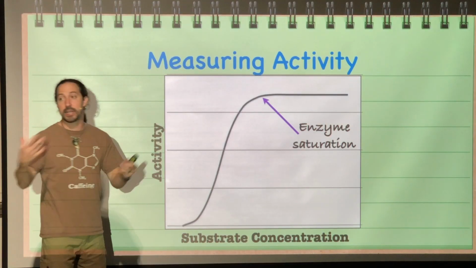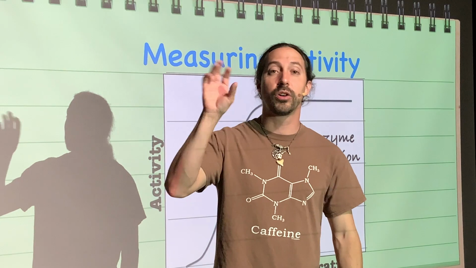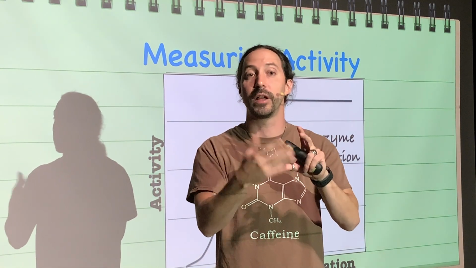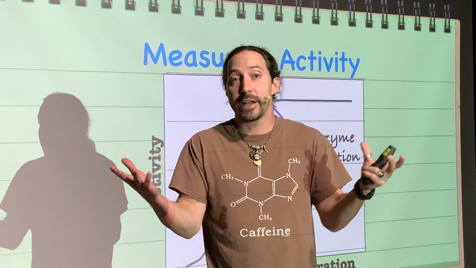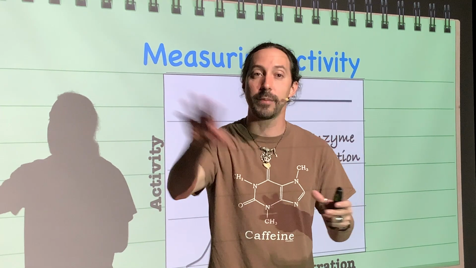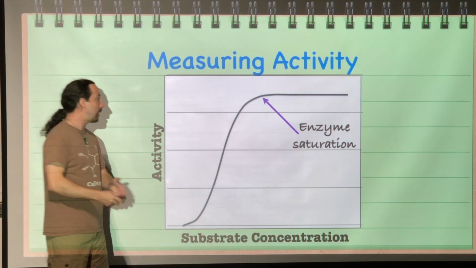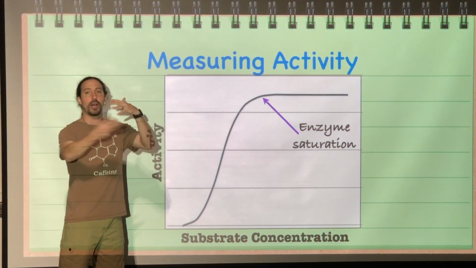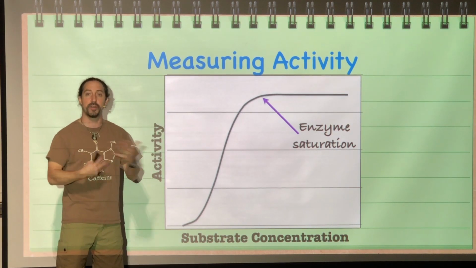As the substrate concentration increases, that means that you're going to end up with more substrate coming in contact with the active site of another enzyme that's empty. And that's great. But after a while, as we keep adding more and more substrate, we're going to get to the point where there are no longer any empty active sites. All of the enzymes are actively involved in the reaction.